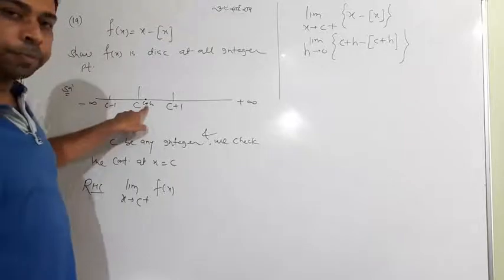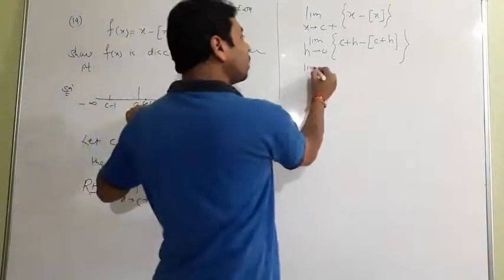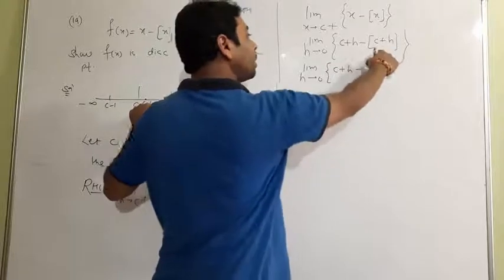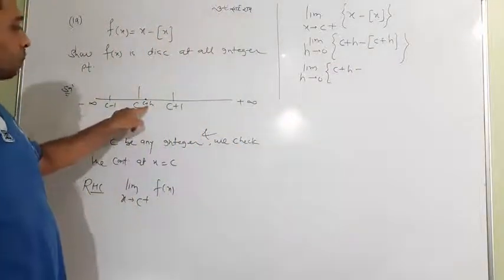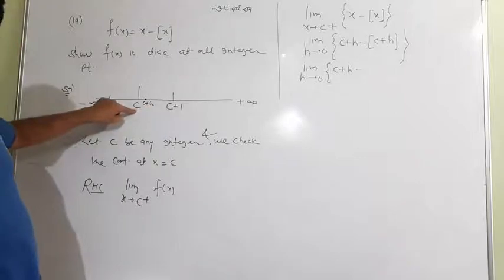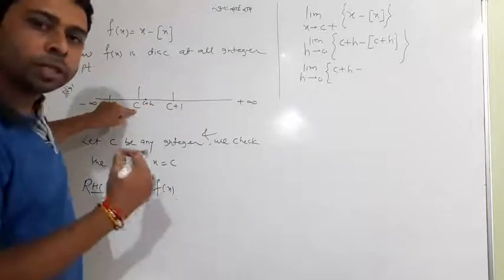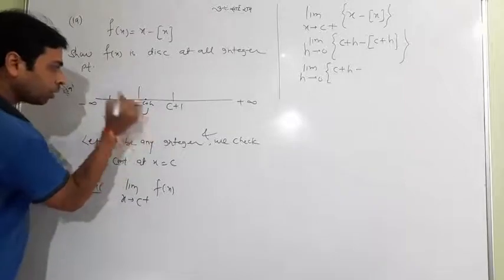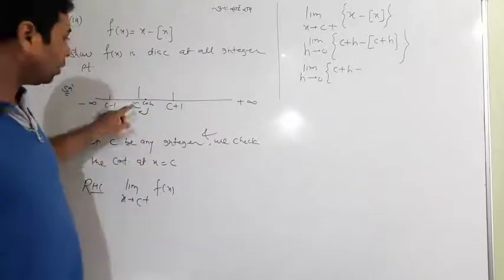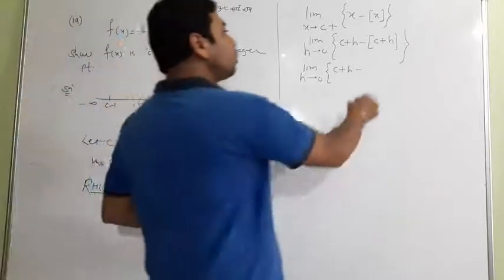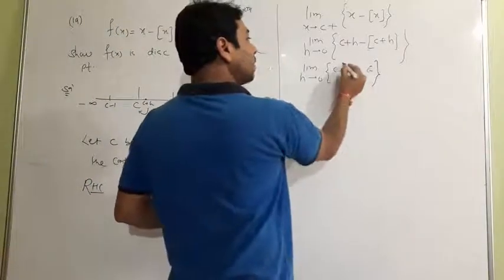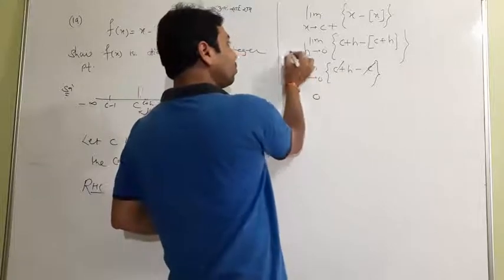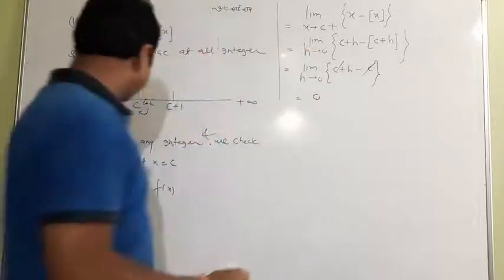When the greatest integer function operates on C plus h, it gives the nearest integer just before, which is C. So the greatest integer of C plus h is C. So C and C will cancel, and h goes to 0. It gives 0. So this is the right hand limit.